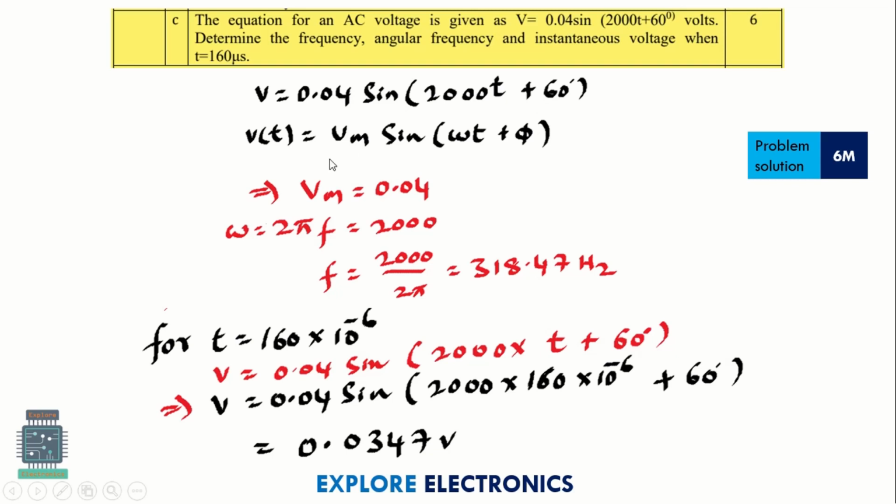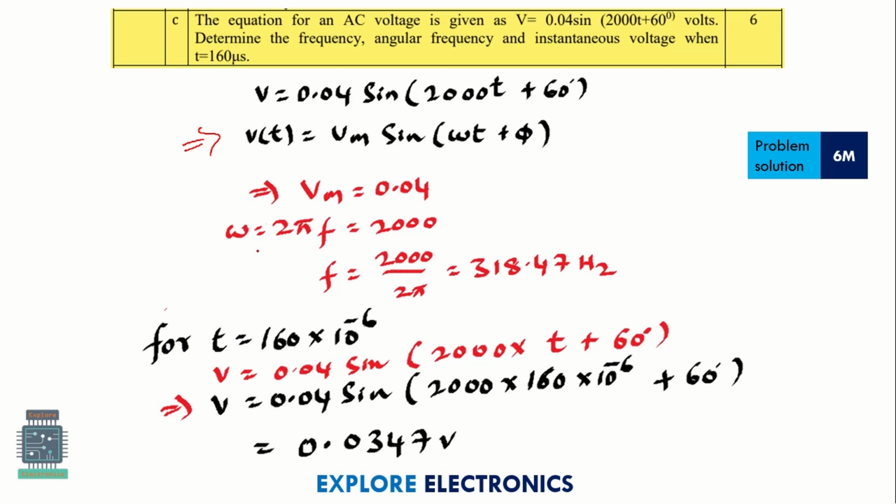First we need to compare that with the standard expression for the AC signal. So we know that the expression v(t) is equal to Vm sin(omega t + phi). That is the general expression we know for AC voltage. You can compare that and find Vm directly, then find the angular frequency.